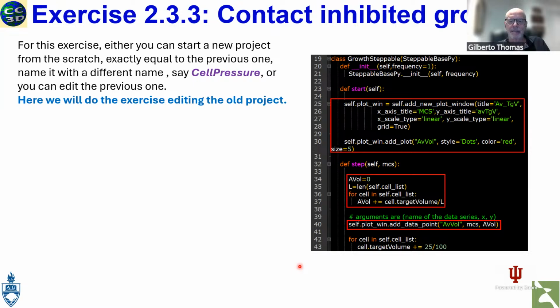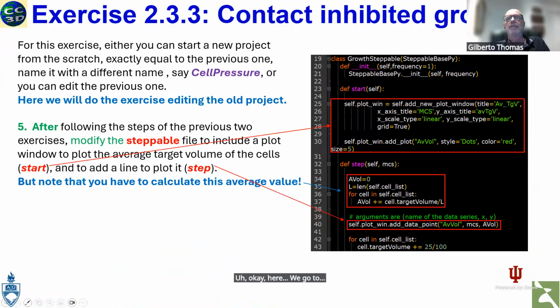Here we go to step 5 and modify the start function of the growth steppable to include a line with a graph plot to plot the average volume of the cells.